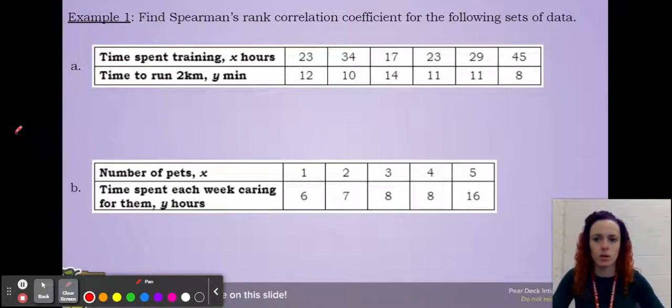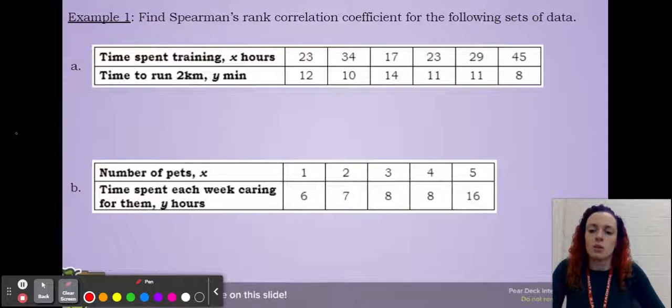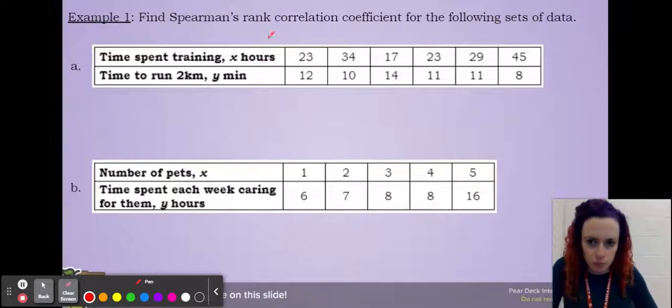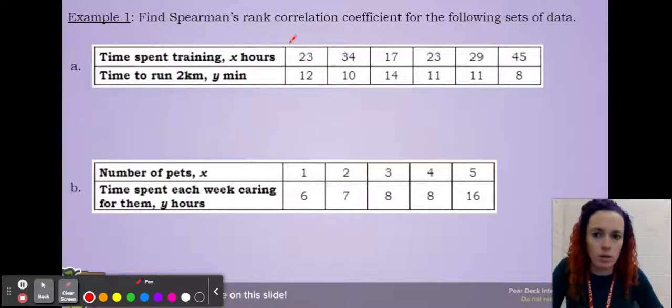So here in letter A, we're looking at the time spent training, and the time to run a 2K, or a 2-kilometer race. So in the time spent training, I'm just going to rank them 1, 2, 3, 4, 5, 6, because I have 6 values. My lowest is 17, so that's going to get a 1.